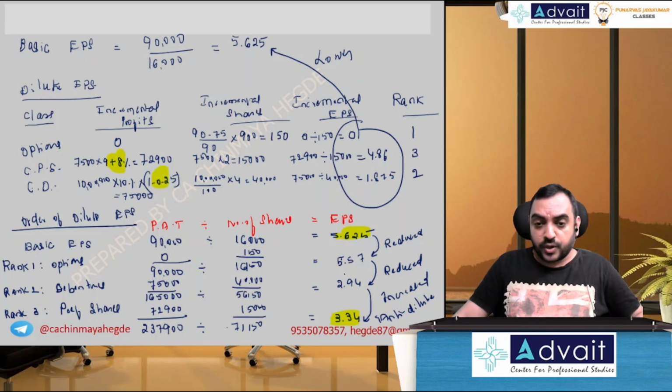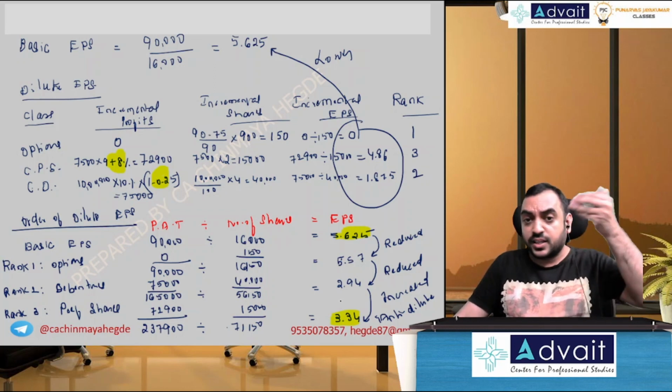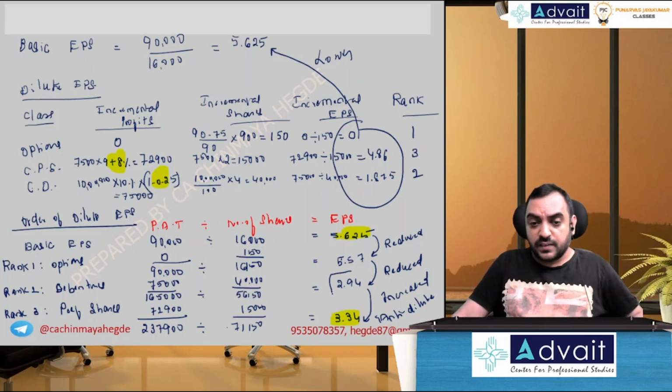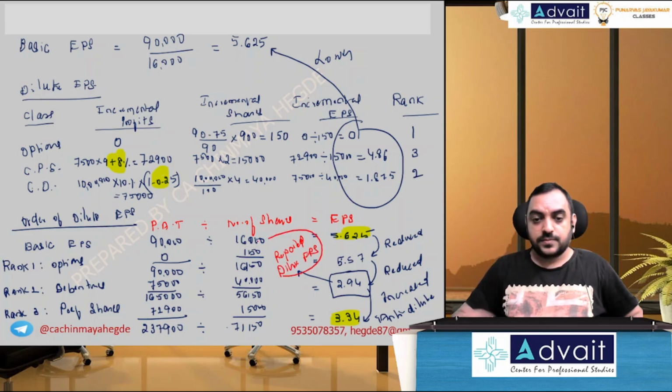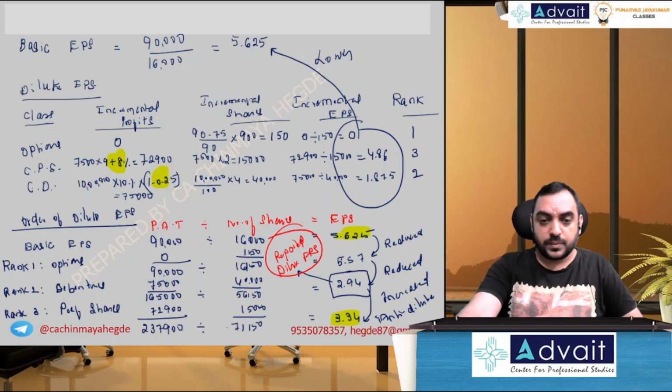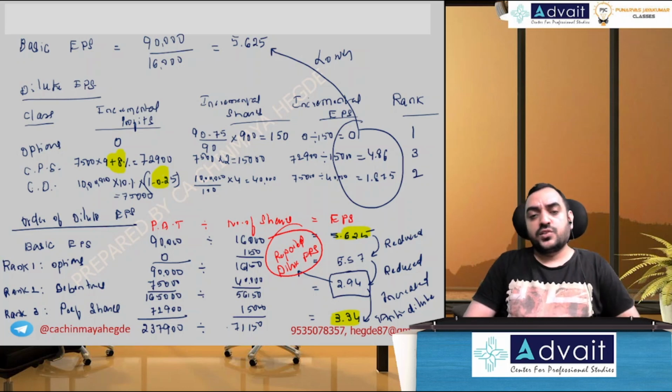So what is to be reported? 3.34 increased, so don't go to that one. The previous one, 2.94, is the reportable dilutive EPS. If you want, you can add a separate line: 2.94 is the dilutive EPS reported.